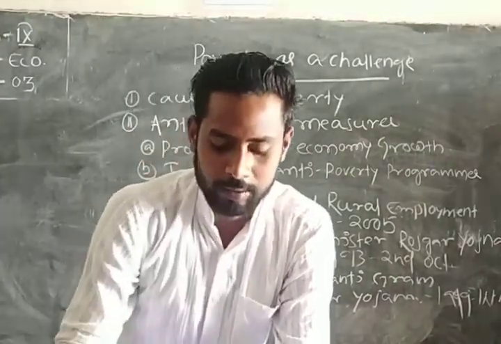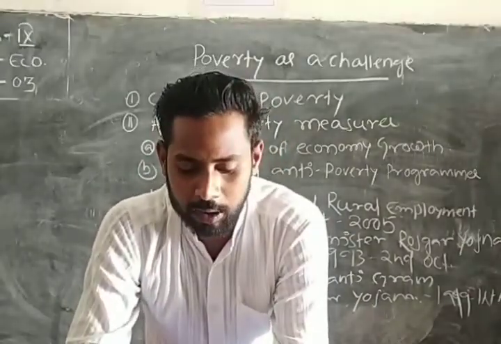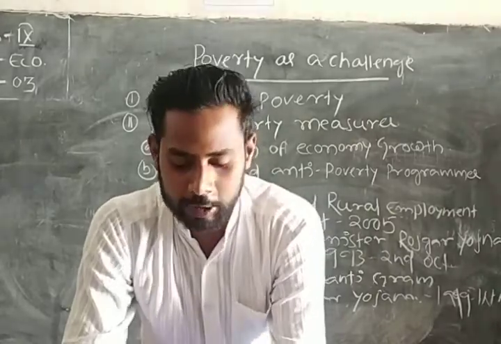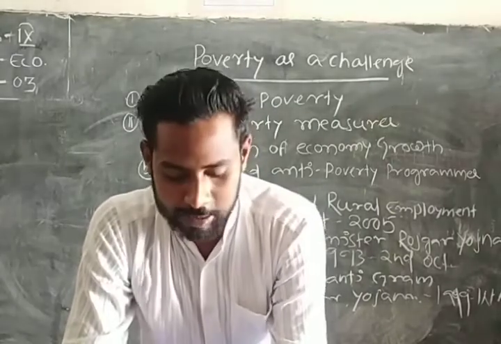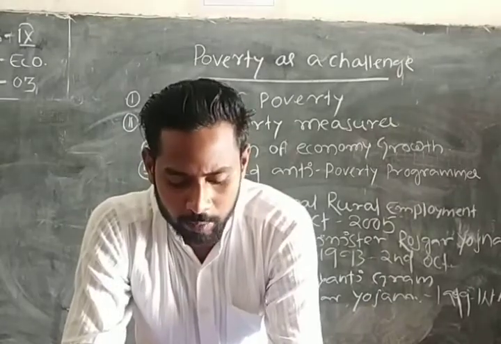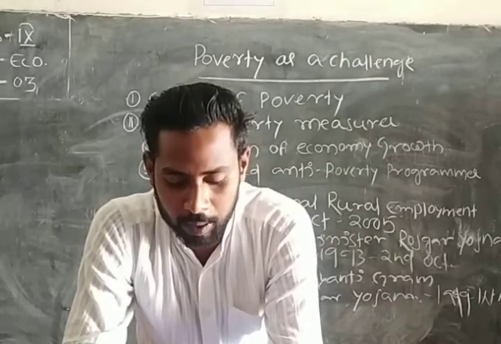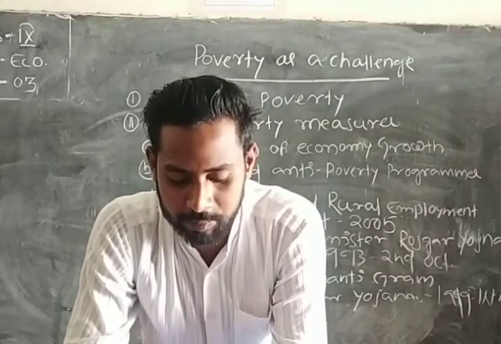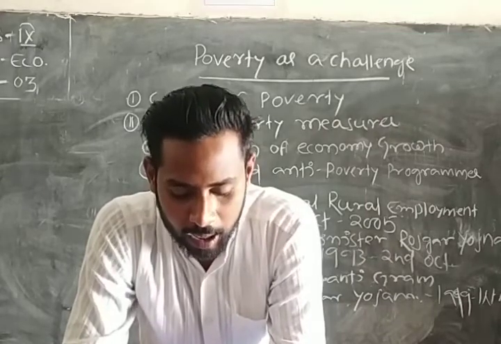Okay, then SGRY, the Sampurna Gramin Rozgar Yojana. This program was launched in September 2001, and the main aim of the program is that the employment assurance schemes and JGSY would be merged with SGRY.